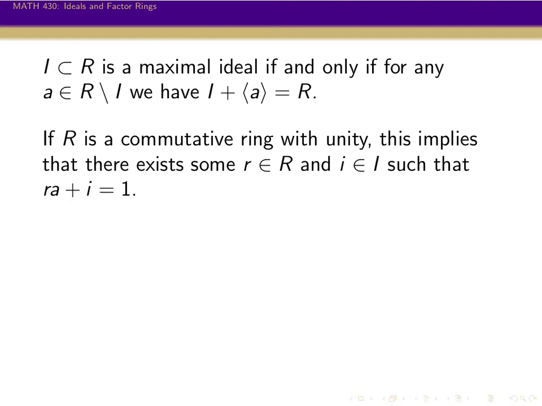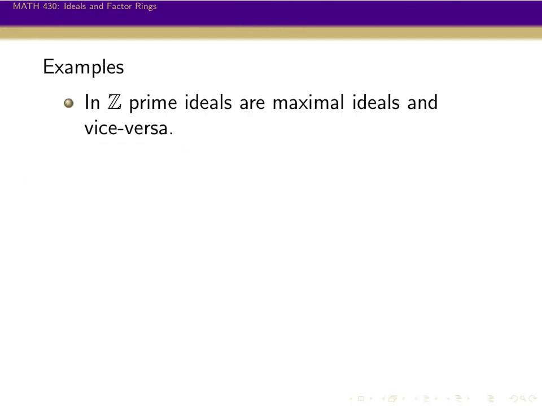This set contains everything in the ring, and one thing that's in the ring is the multiplicative identity. This is an important fact, a very useful thing to remember that you can do if you have a maximal ideal I.